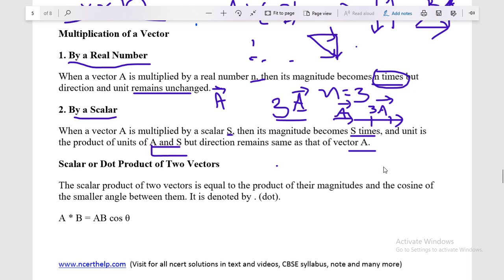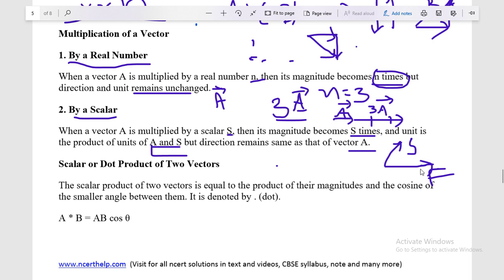So if you see in the diagram, this one is vector a, suppose this one is vector s. Suppose vector a denotes the force and vector s denotes the displacement.